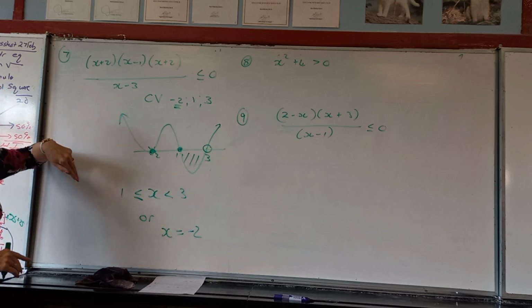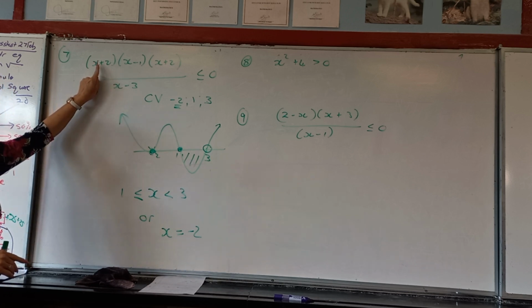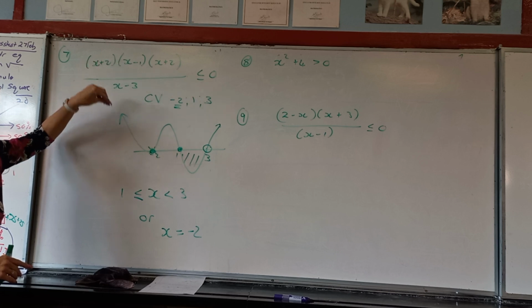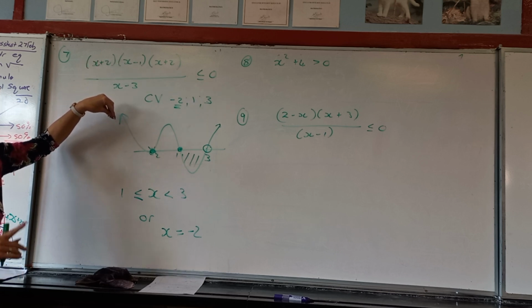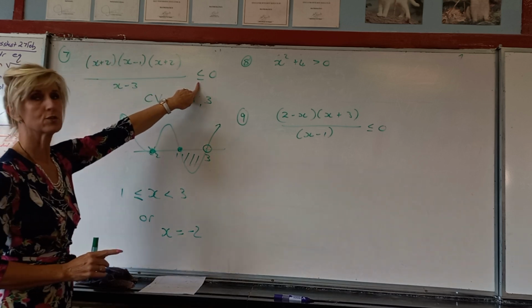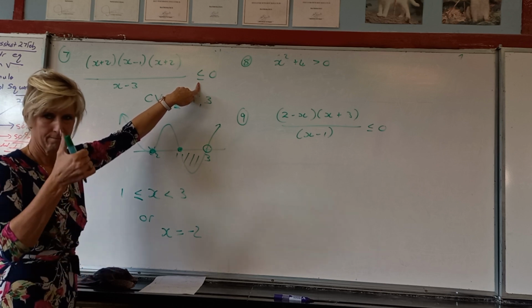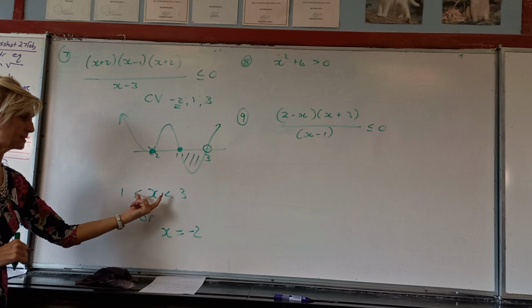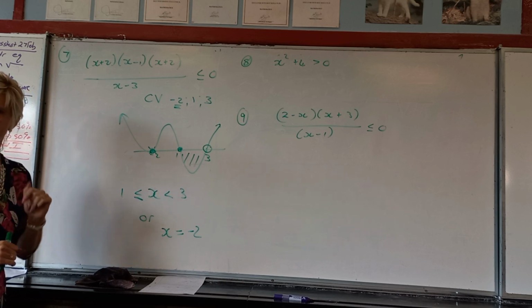So go back to the sum. If you do put a -2 there, what's going to happen? It's going to be 0. So it doesn't matter what happens to the rest of the sum. 0 times whatever divided by something is 0, less or equal to 0. So it works. For that one specific answer, and there's a whole interval of answers as well.